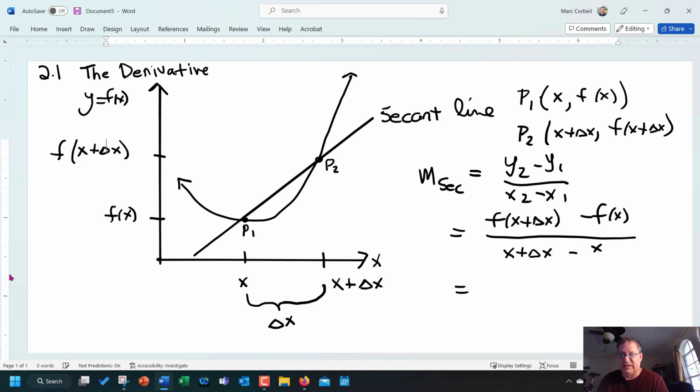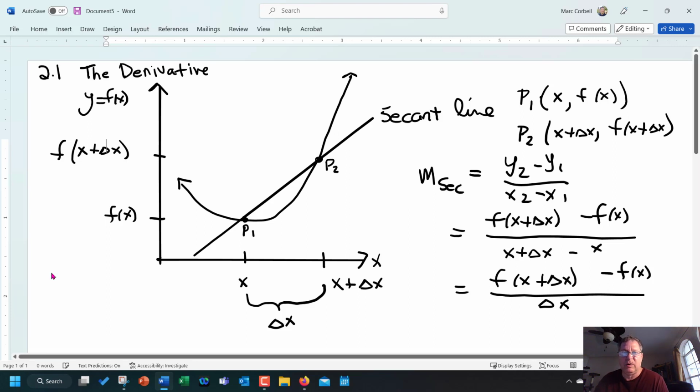And if we simplify that just a bit, that's f of x plus delta x minus f of x over x minus x, just delta x. So there's what we did before. We've got the slope of the secant line.